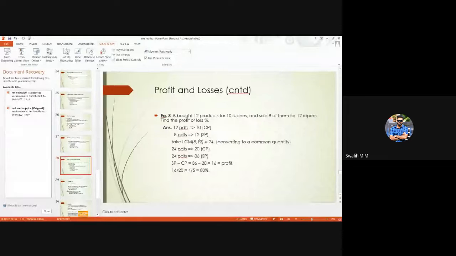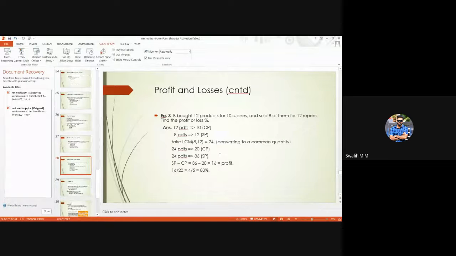That is taking LCM. LCM also you should know how to do. And if 12 products cost 10, then 24 products cost price would be 20. And if 8 products selling price is 12, 24 products would have 36 selling price. And selling price minus cost price would be 36 minus 20, which is 16, equal to profit.